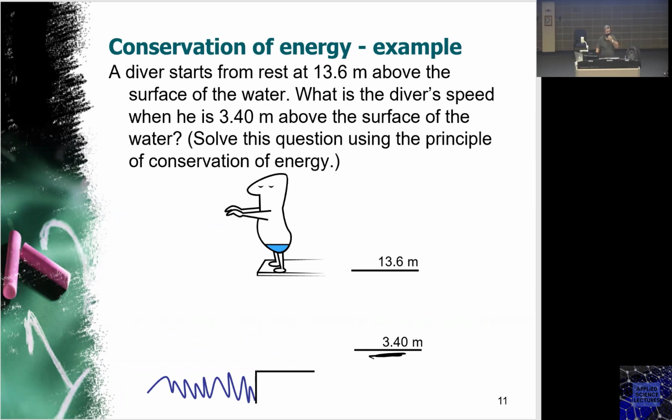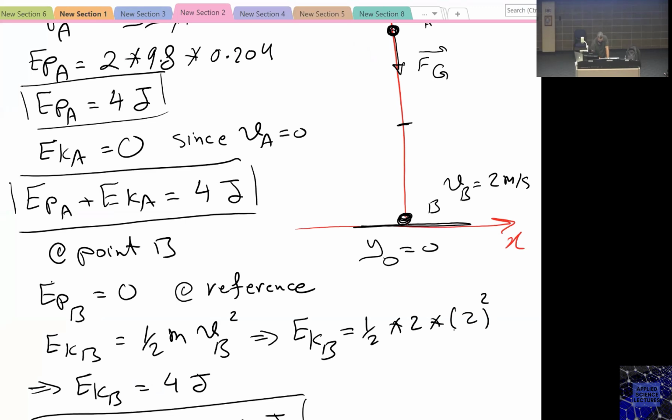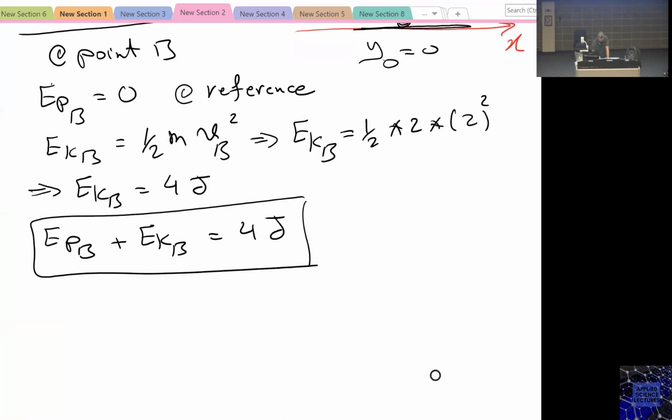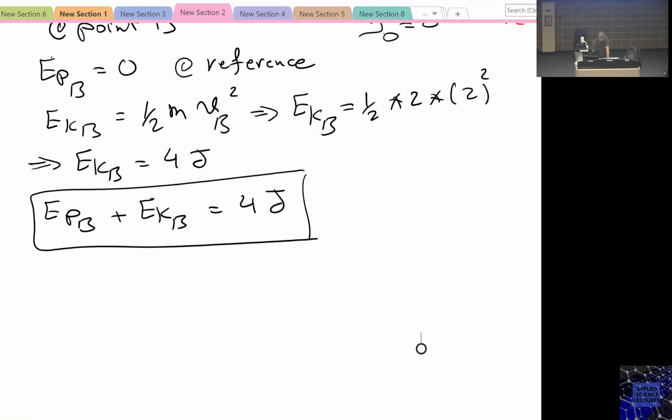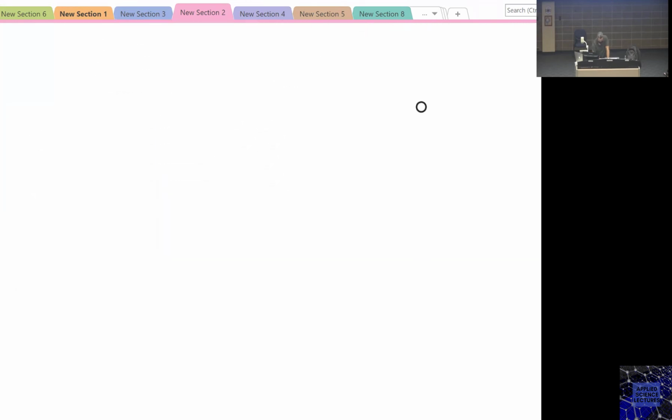So my reference for zero gravitational potential energy is the level of the water. This is my reference level. This is y naught, 0 meter.